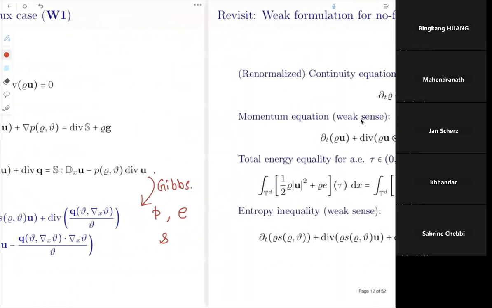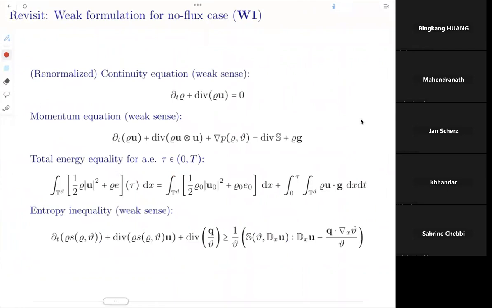So these things allow us to consider the following weak formulation. I took this weak formulation from Feireisl and Novotny's book. The first is the weak formulation of the continuity equation, which means you multiply by a smooth test function and put all the derivatives there. Obviously, the initial data has to be satisfied in a certain sense.